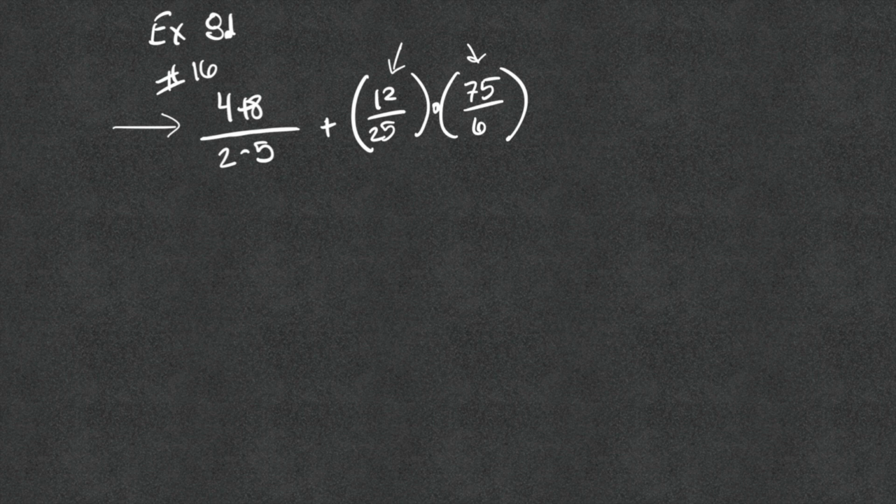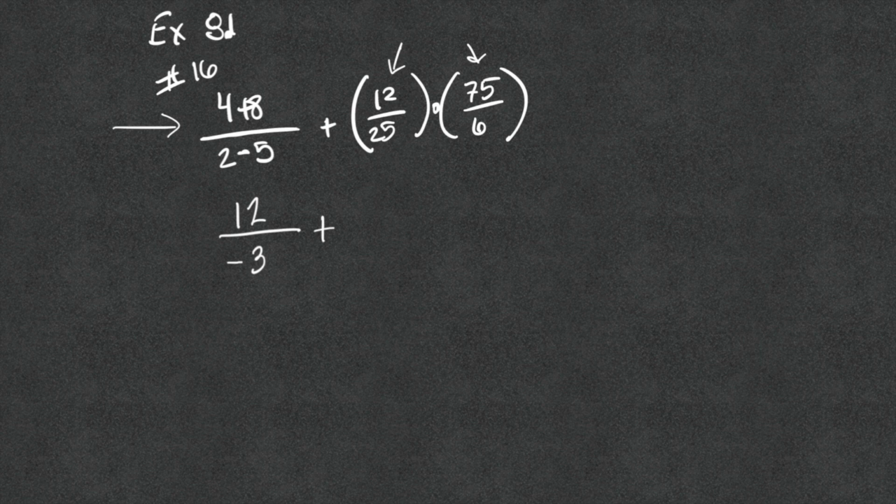So 4 plus 8 and 2 minus 5. So we're going to have our negative, right? Now remember that negative, it can be out here, it can be on top or the bottom, but just once. Okay, now let's look at this multiplication because we do need to simplify this.